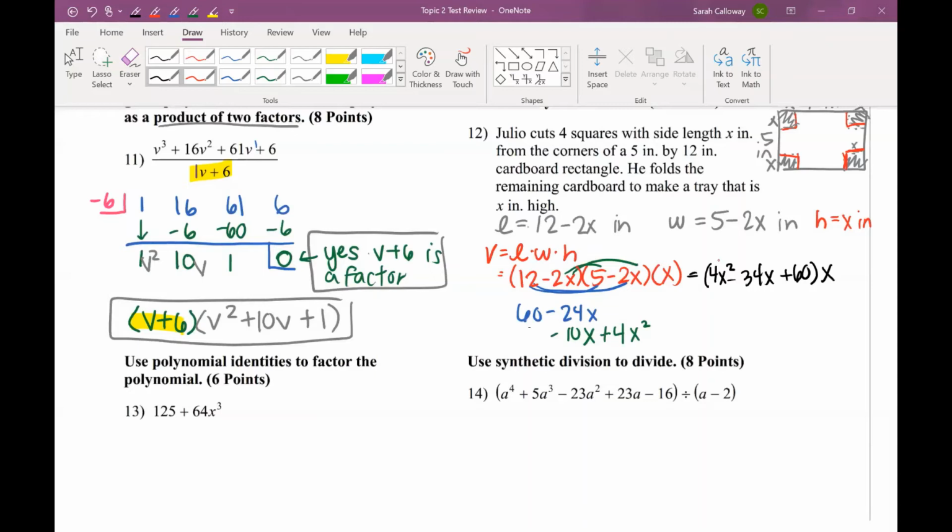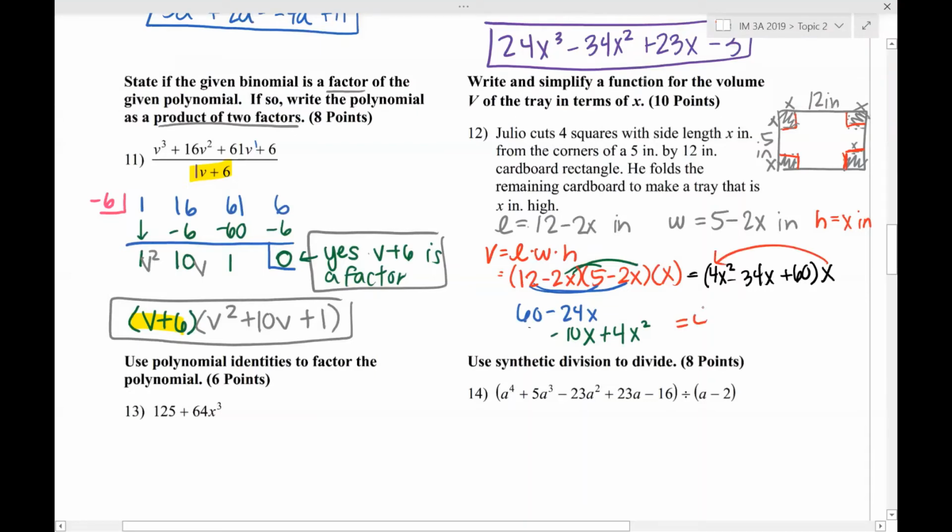So that's going to be 4x cubed minus 34x squared and then plus 60x inches cubed. So the representation of the volume of the tray is 4x cubed minus 34x squared plus 60x cubic inches.